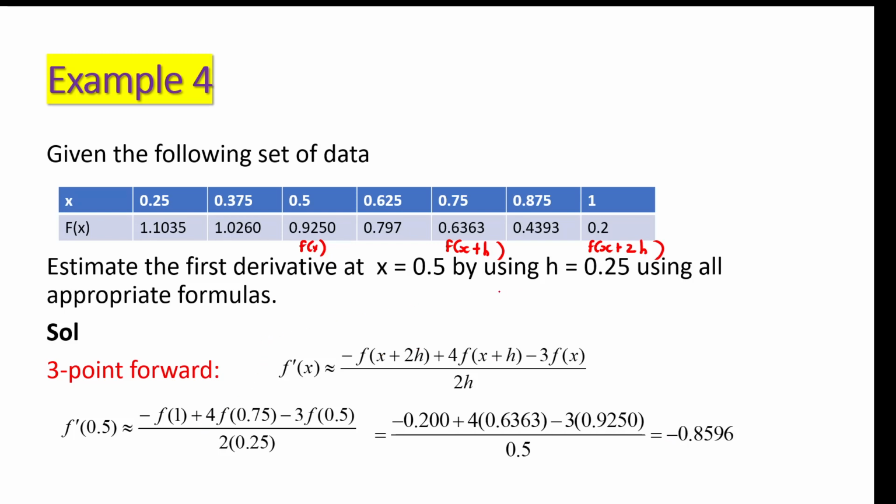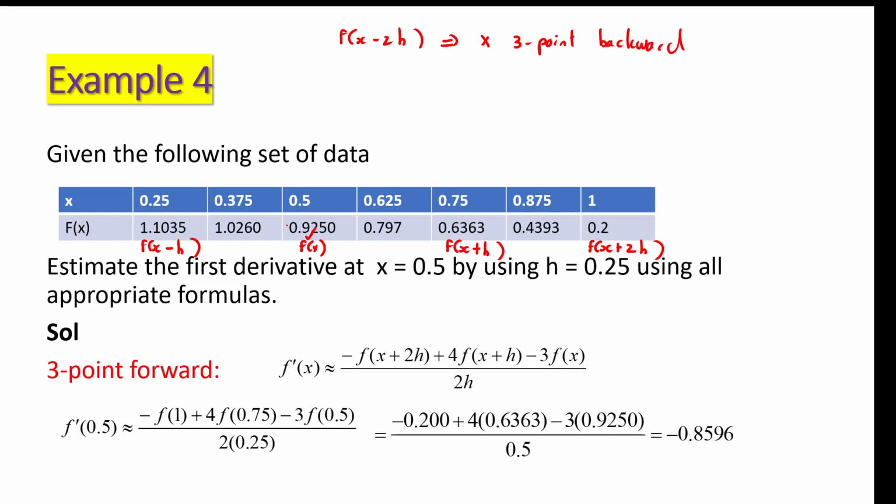For the first derivative, you have six formulas: 2-point forward, backward, 3-point central, 3-point forward, 3-point backward, and the 5-point formula. We don't have f(x-2h), that's why we cannot use 3-point backward.